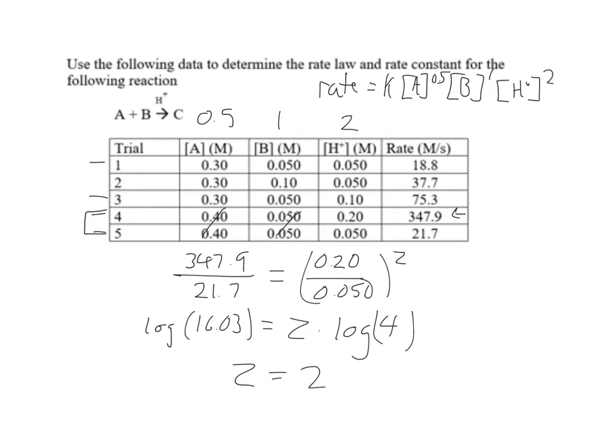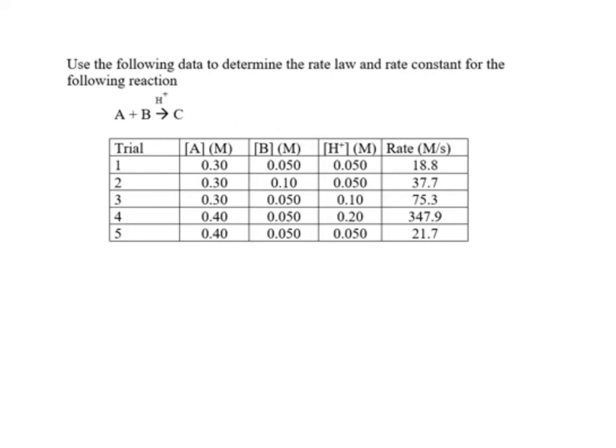Now we're going to use that to solve for the rate constant. Since the only trial that we haven't used is trial 3, I'm going to use the data from trial 3 to determine the value of K, the last step in this. And so, since we established that we're 0.5 order here, first order here, second order here, we can just substitute this data into the rate law.